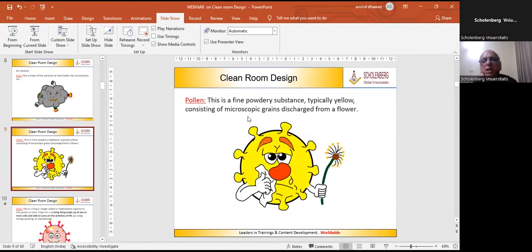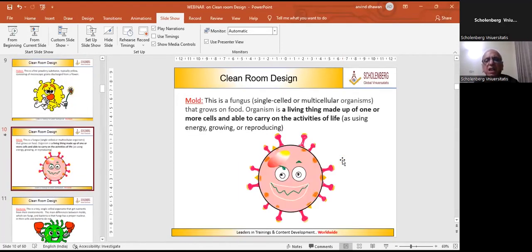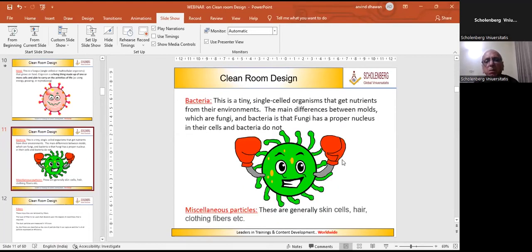Pollen: this is a fine powdery substance, typically yellow, consisting of microscopic grains discharged from a flower. This is pollution coming from flowers. Then you have mold. It's a fungus that grows on foodstuff as a living organism. Then we come to bacteria, and then miscellaneous particles. Now, all these are some of the basic elements that comprise dust.